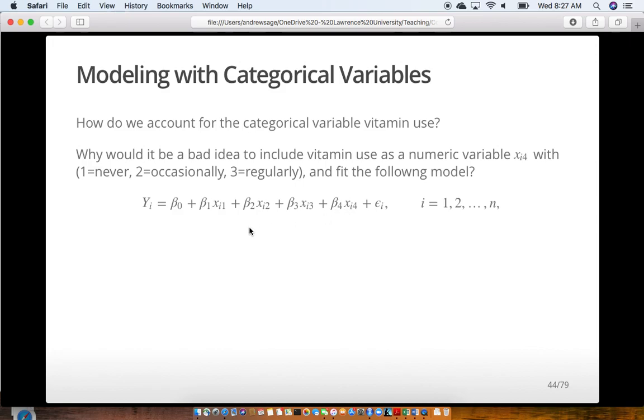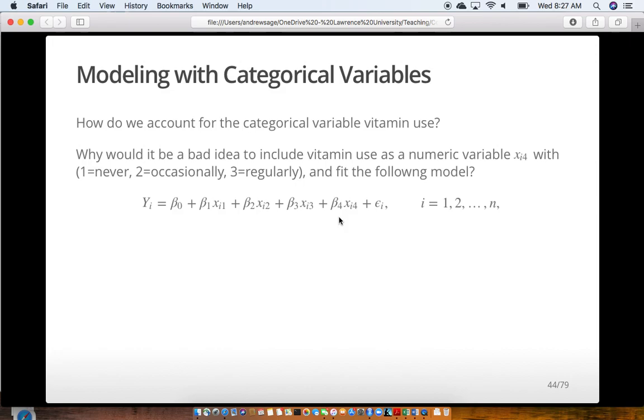Why might it be a bad idea to use a model where we simply add another term, beta 4 times x sub i4? Well, for one thing, this is expressing vitamin use as if it had a linear relationship with retinol concentration.